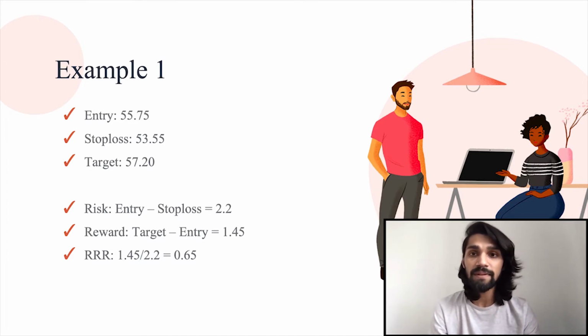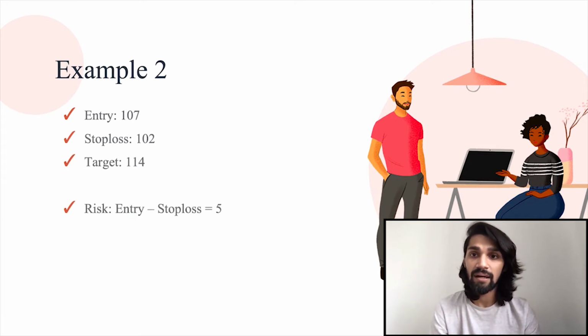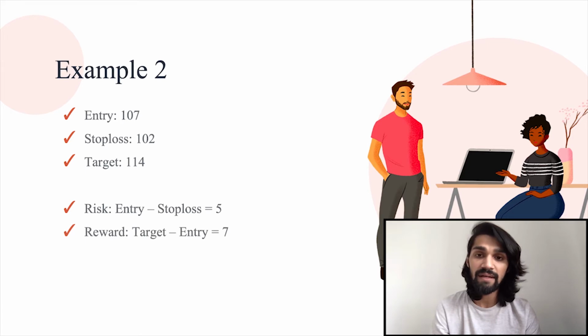Let's take another example. Suppose you get an entry at 107, your stop loss is 102, your target is 114. Your risk would be 5, as in 107 minus 102, and your reward would be 114 minus 107, that is 7 rupees. So your reward to risk ratio here would be 7 divided by 5, that is 1.4.